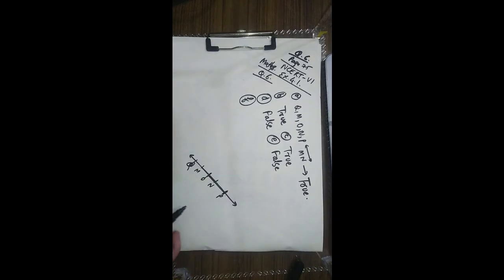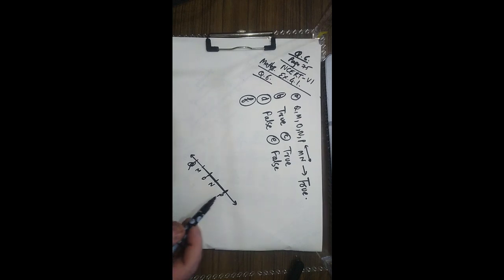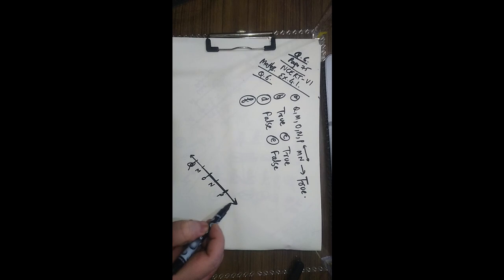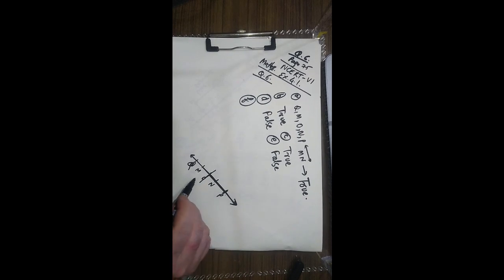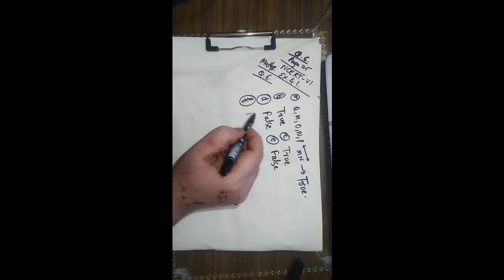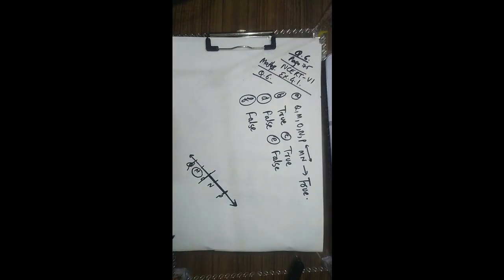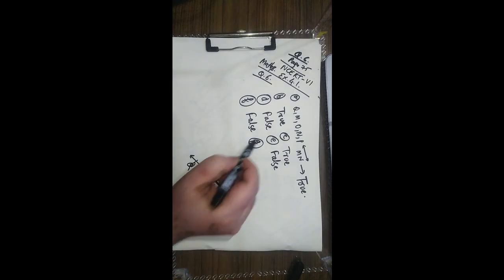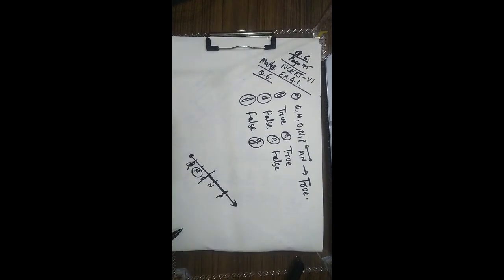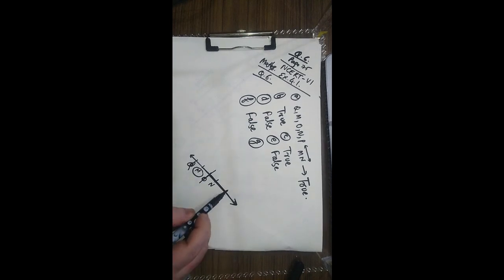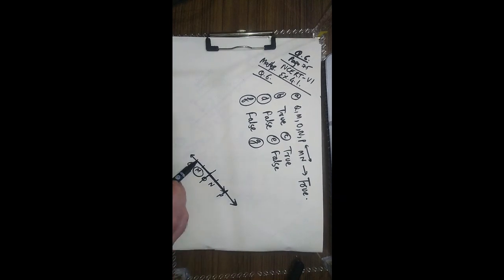F, M is a point on ray OP. If it is ray OP, then M is not a point on it. So they are saying this is wrong, false. G, ray OP is different from ray OQ.